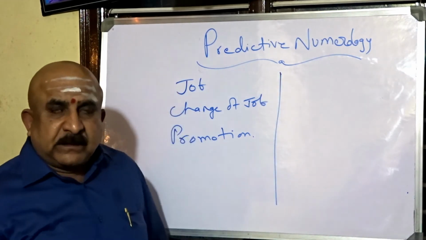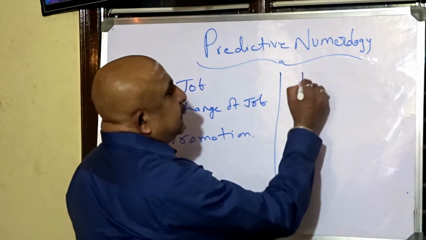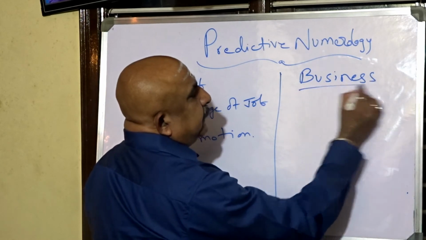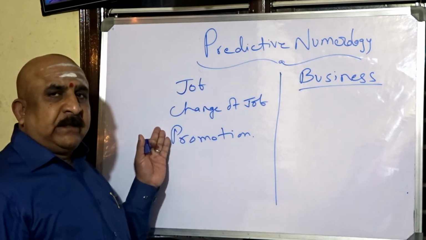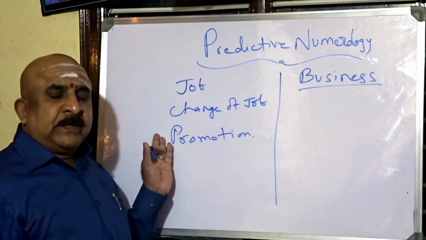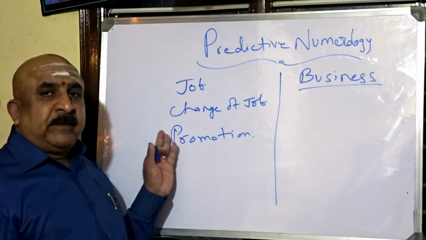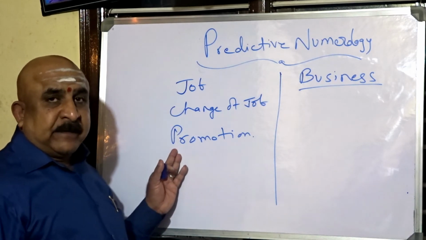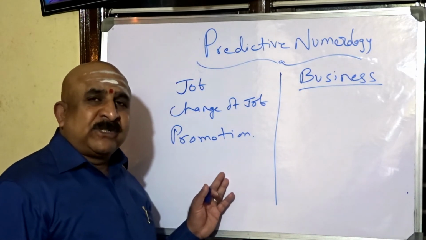Let us take it like this. There are two things. A man may have a job and he may start a business. Side by side we will think about a business. If he is in a job and not satisfied, he wants to know about the change of job, when there will be a change in his job. Or if he is satisfied in the same job and working hard, he will be expecting promotions.